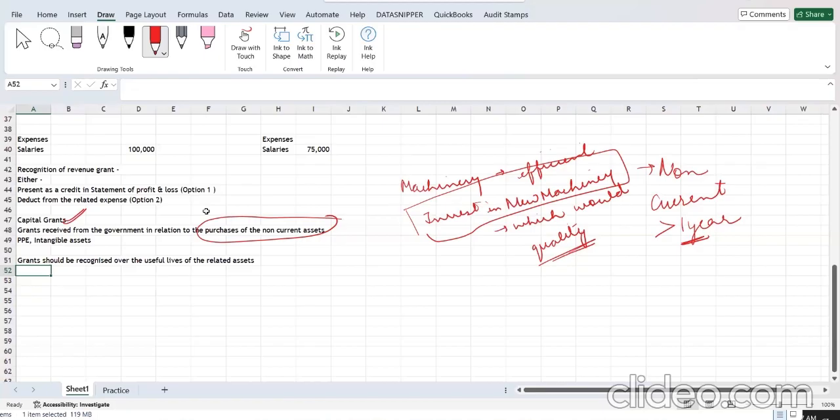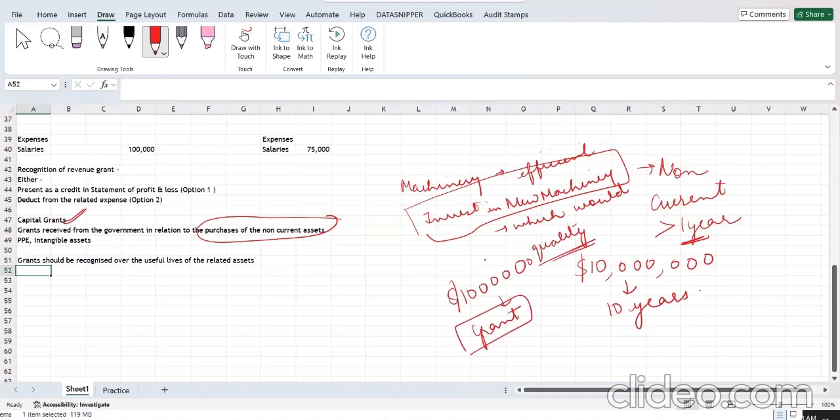Now, for example, I have purchased machinery worth 10 million that will be used in my company for 10 years. And I am receiving 1 million of the grant, right?